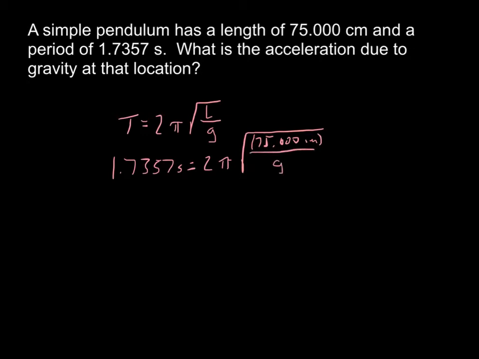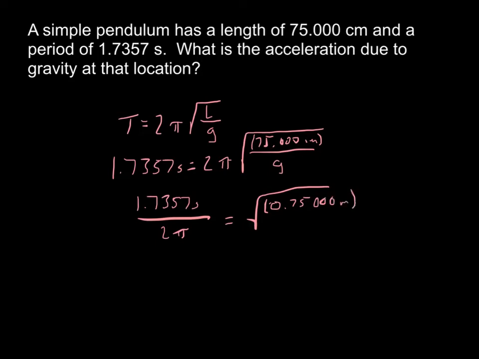First thing is divide by 2 pi: 1.7357 seconds over 2 pi equals the square root of 75.000 centimeters, except we should change that to meters, so it would be 0.75000 meters over gravity. So we're going to square both sides.